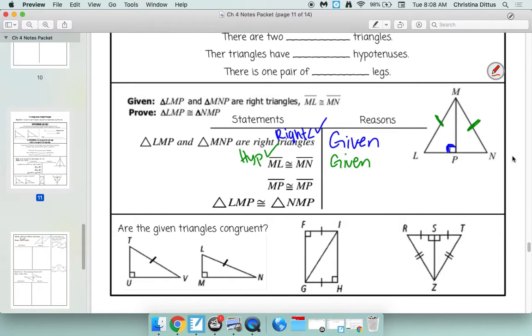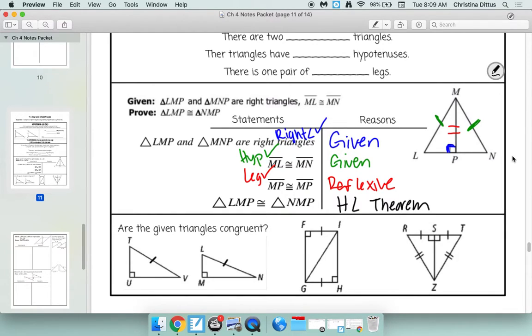It's reflexive. Let's mark that. Since that side touches my right angle, that is a leg. So I have my 3 conditions. I have my right angle, my hypotenuse, my leg. So I can say that those triangles are congruent, not by bad words, but by the HL theorem.